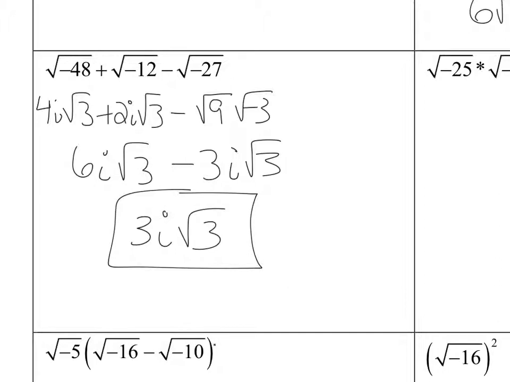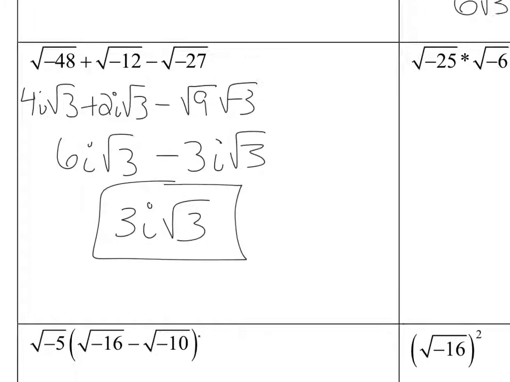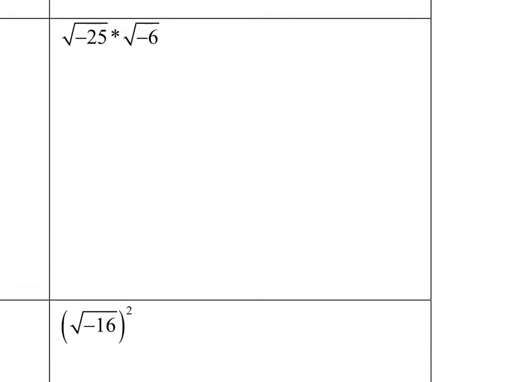Okay, so let's take a look at the next. Alright, this one looks nice, so it's times, it's multiplying. So here we have 5i, and then this is i square root 6. We can't simplify the square root of 6 at all, but you do have to pull out the negative and change it to i.